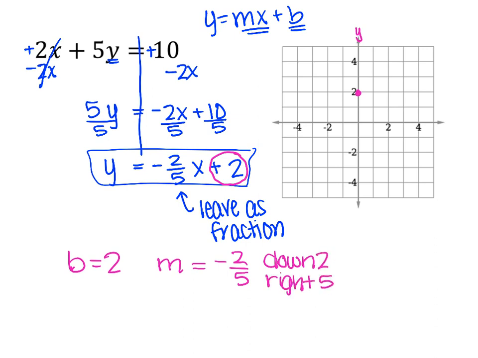So down 2 to the right 5, or that's the same thing as going up 2 to the left 5. So up 2 to the left 5 puts me over here. Last thing, connect my line as straight as I can make it, arrows at the end. If we were doing this on paper, we'd be able to use a ruler and actually make that a nice straight line.